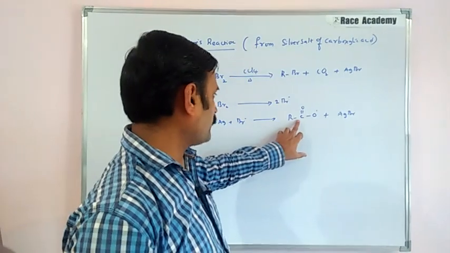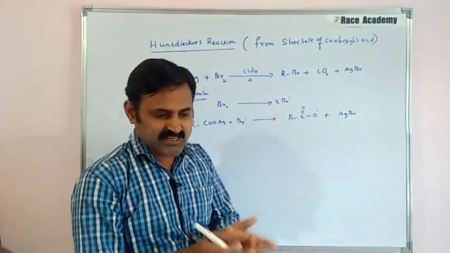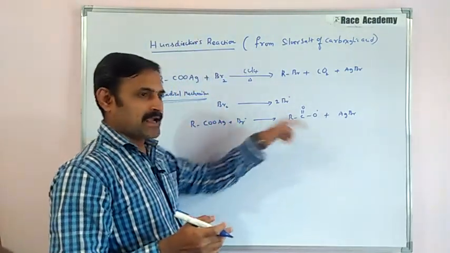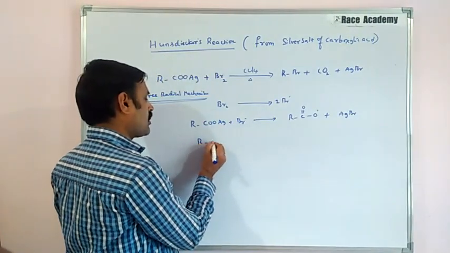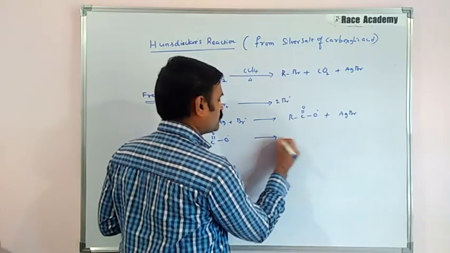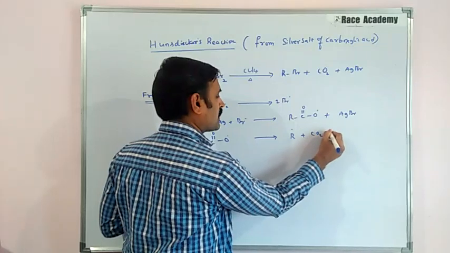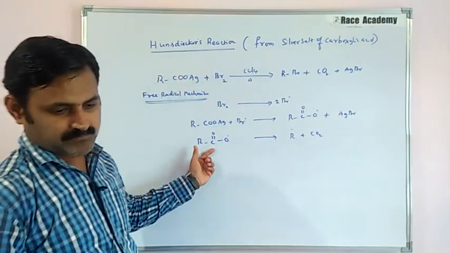In this step, we obtain the carboxylate free radical, and from that we can get an alkyl free radical. The carboxylate free radical converts into an alkyl free radical with the liberation of carbon dioxide gas.